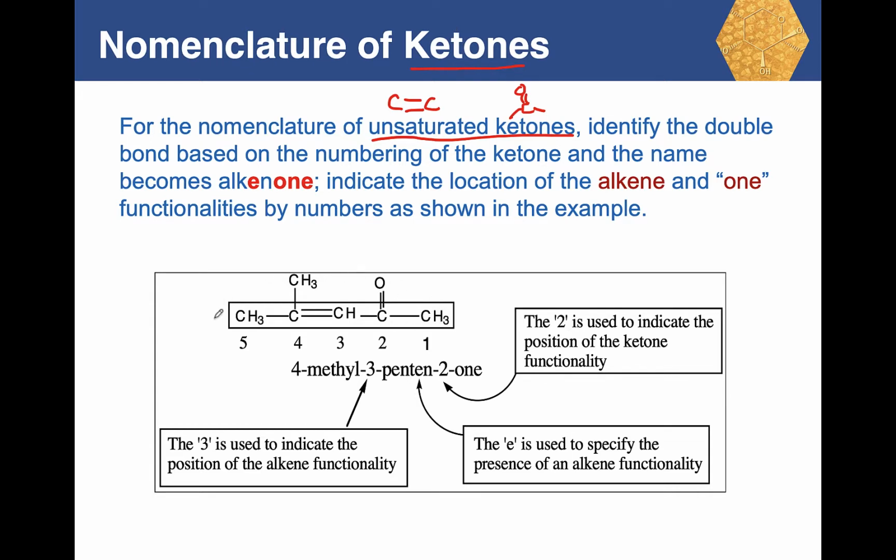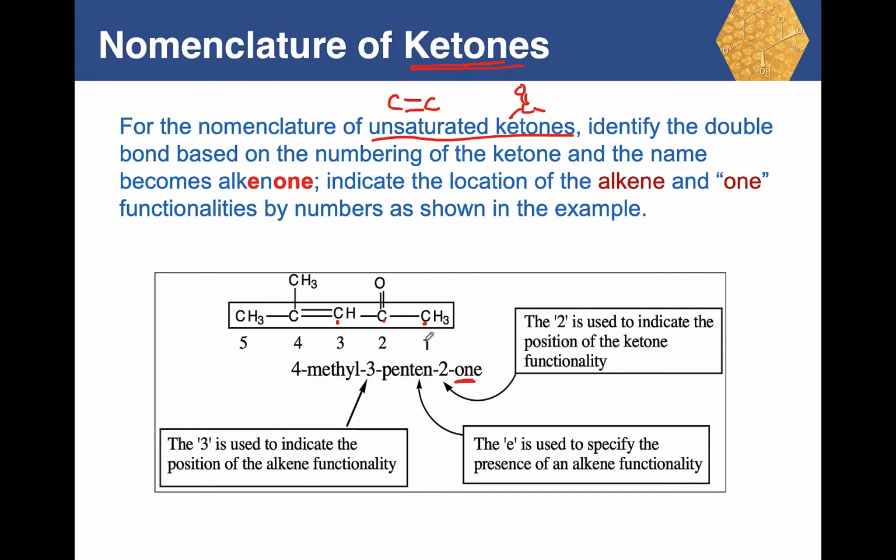Here is the molecule here. Is it a ketone? Yes, it is, because here is the carbon-oxygen double bond. This carbon here is bonded to another carbon and to another carbon, even though it's a carbon of a double bond, but it's still a carbon. So therefore, this is a ketone. If it's a ketone, it has to be an -one.